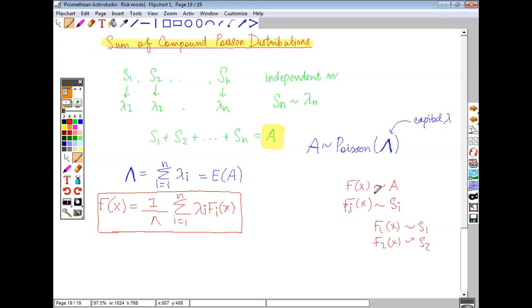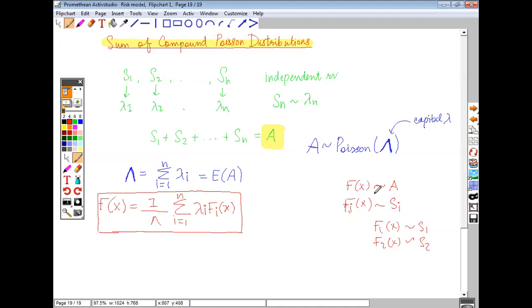Yeah. So what did you guys think about what I have written on the board? If you forget about whether this is f of x or whatever this is, what I have is the summation of the parameter lambda i's times Fi of x, right? Times the thing that we're going to observe, the chance of it being observed, and I'm dividing each of these things by capital lambda. And what is my capital lambda?